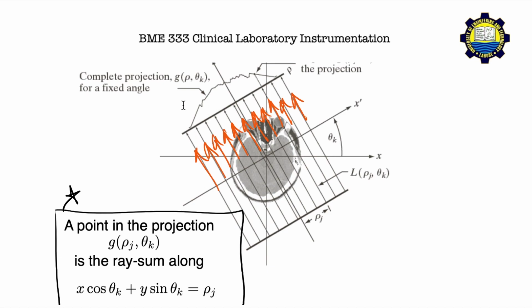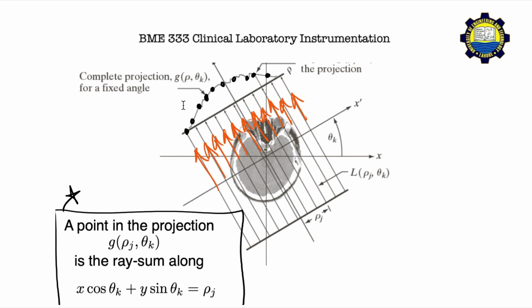So if I were interested in a point, what would be my value if I were to compute my projection, and I was interested in these points? Obviously these are basically getting sampled from our signal.